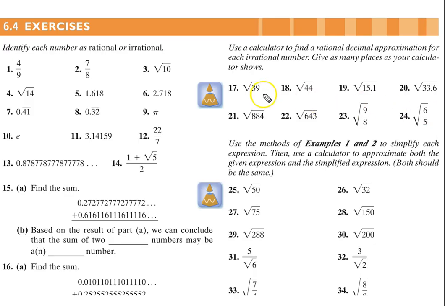Now, to wind this up, I'd like to do, let's say, the first 12 examples. We don't often do this, but just to get a little practice. We want to identify these first 12 as to whether they are rational or irrational.